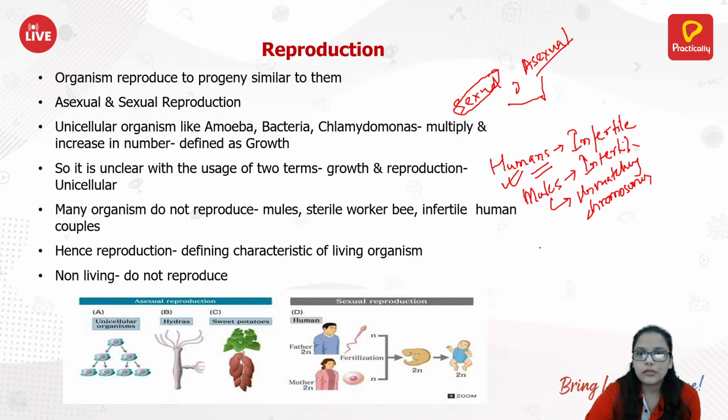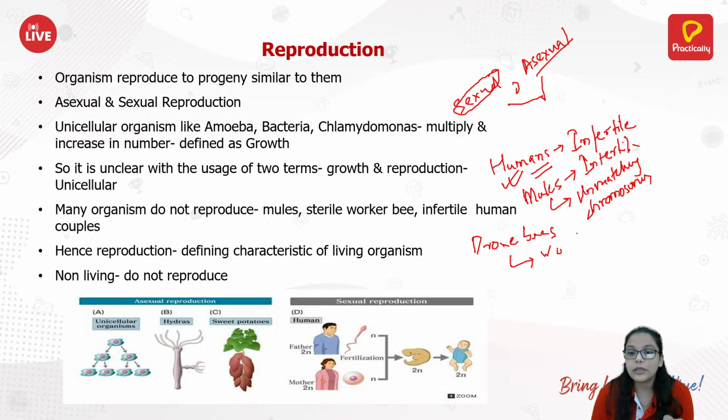The other example I'd like to give is drone bees. Drone bees are the worker bees. Drone bees also do not give birth or participate in reproduction.